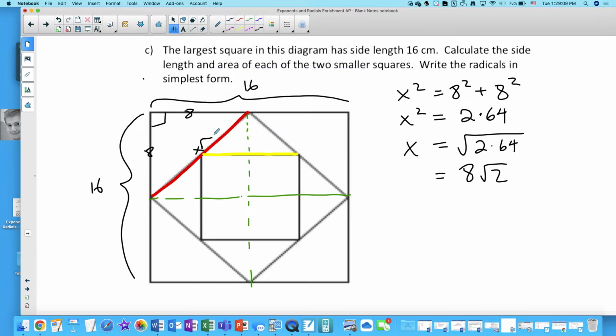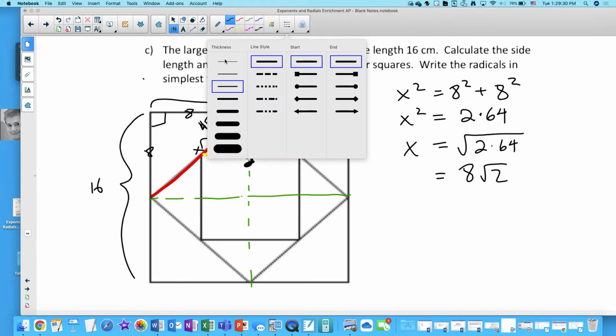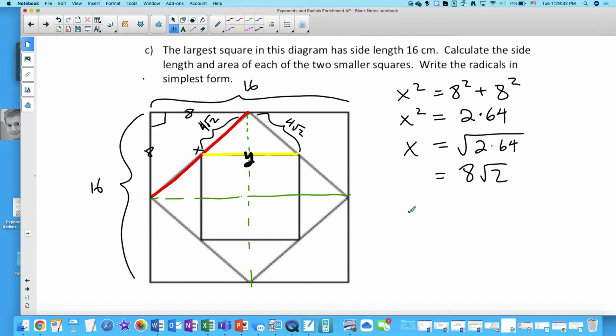And this part here is also 4 square root 2. And so if I want to know this yellow piece, let's call that y. Okay. Then what I'll have is that y squared equals, why did I put a line there?